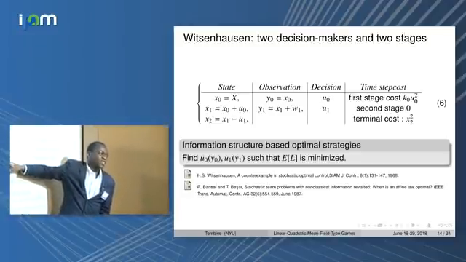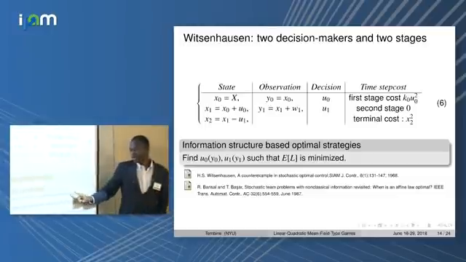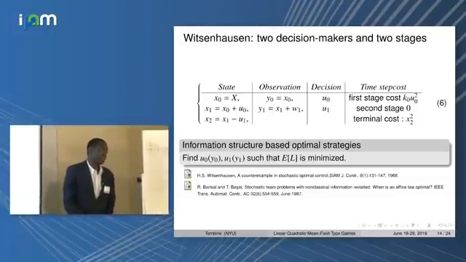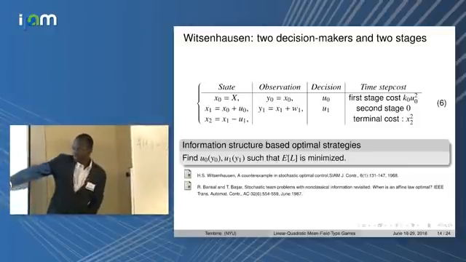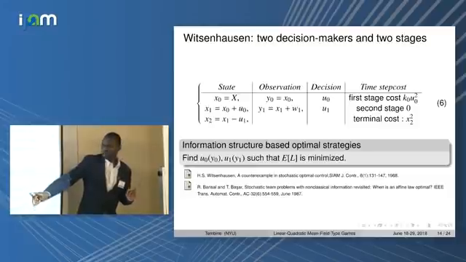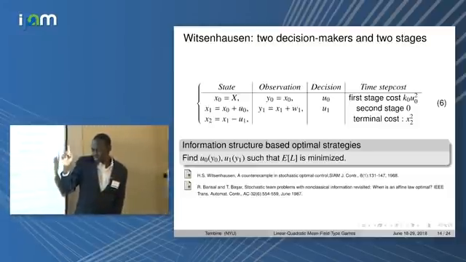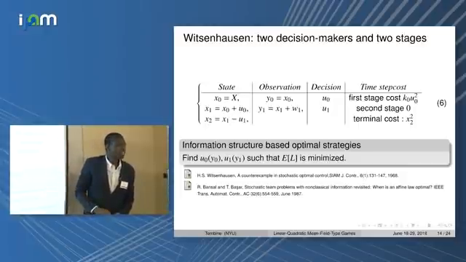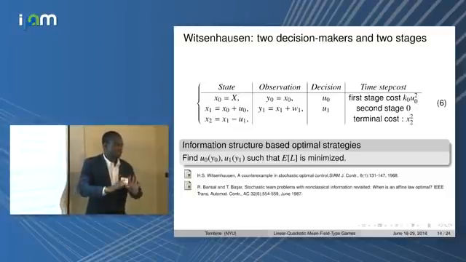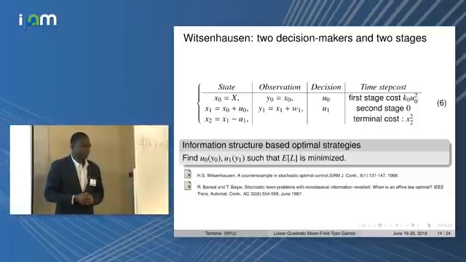Partial observation is key. So the information structures will enter into it, and it becomes nonlinear, actually. He was able to show in that paper that for some distributions of x naught, there is no linear policy that is optimal. So the problem is linear quadratic, but the solution structure is not linear.